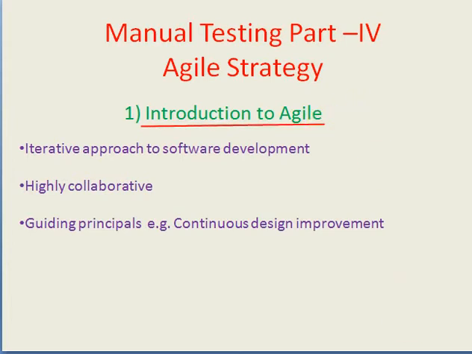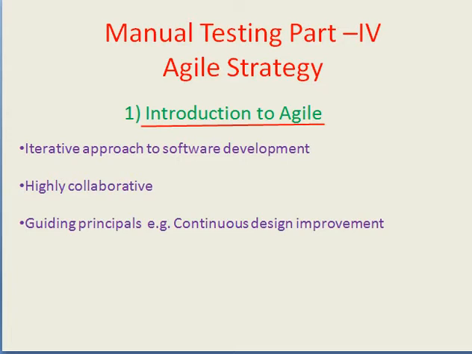It is highly collaborative among the team members. Team members share a lot of responsibilities and they are in direct interaction with one another during the entire project. And then there is continuous design improvement, continuous testing, rapid feedback, and rapid change.